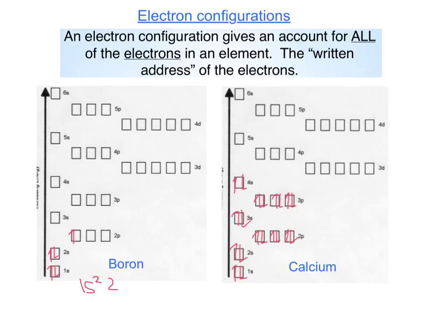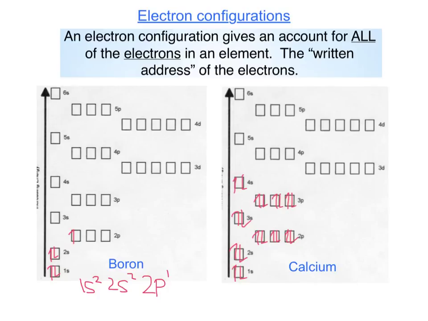Then I have electrons in the 2s, and there are 2 of them in there. And then I have electrons in the 2p, and there's only 1. If you add up all these electrons on the top, the superscripts, they should add up to 5 electrons, which is however many electrons are in the atom for boron.